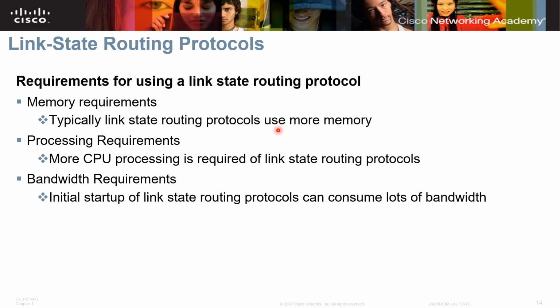It also uses more CPU to process link state updates, flood link state packets, build the database, and generate routing tables from it. For bandwidth, it consumes a lot at the beginning, to exchange link state updates and flood them, because each packet is forwarded to all other nodes.